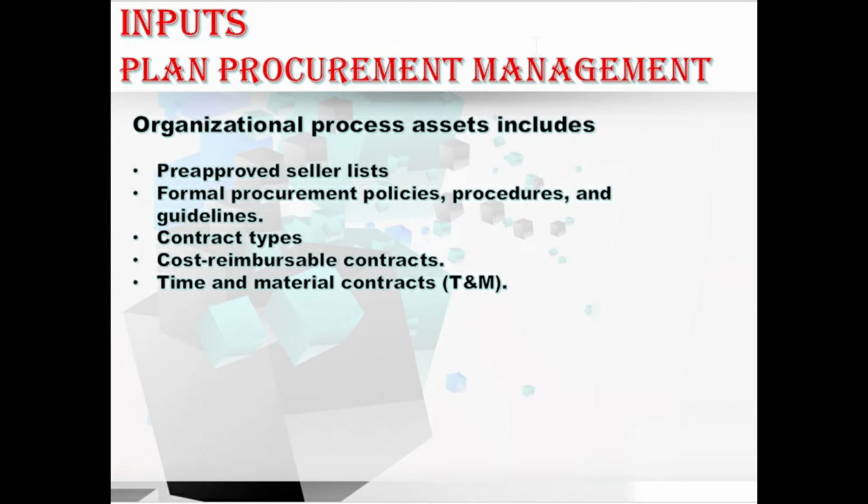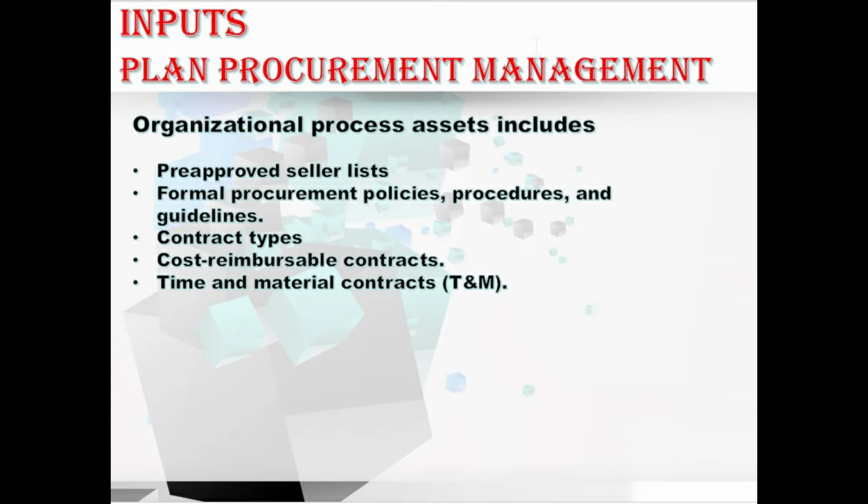The organizational process assets that can influence the plan procurement management processes are: first, the pre-approved seller list, and second, formal procurement policies, procedures, and guidelines. Third is the contract types, fourth is cost-reimbursable contracts, and fifth is time and material contracts, T&M. Okay, let me explain one by one what all these OPAs include.